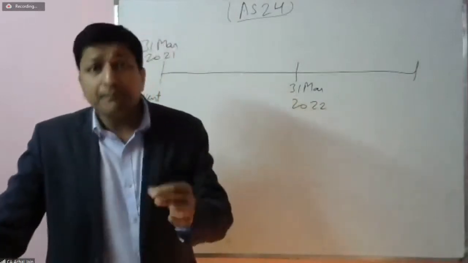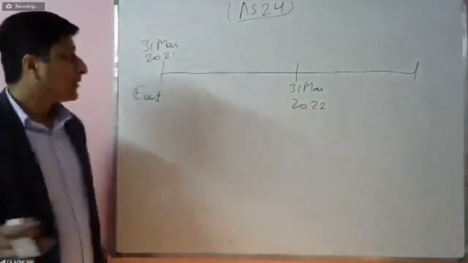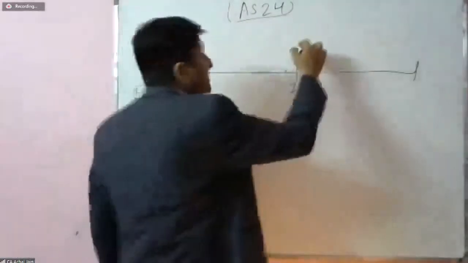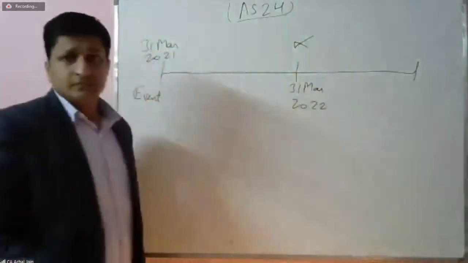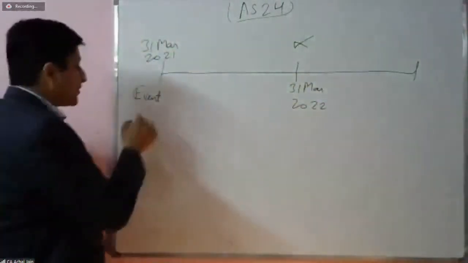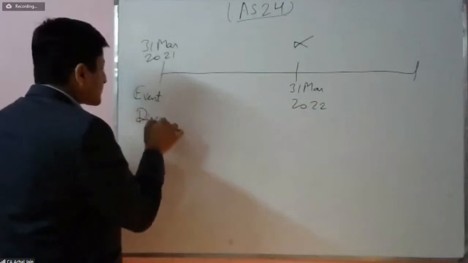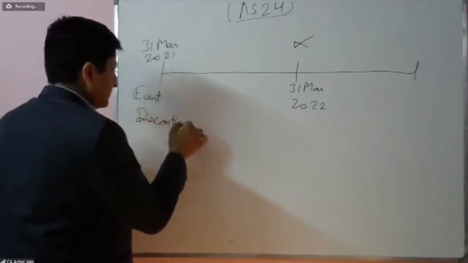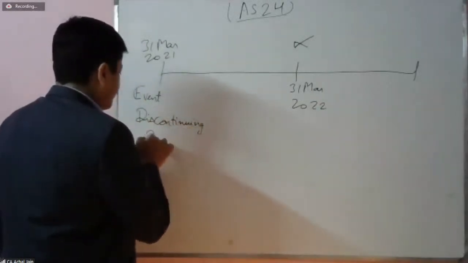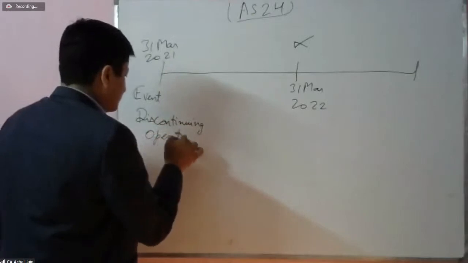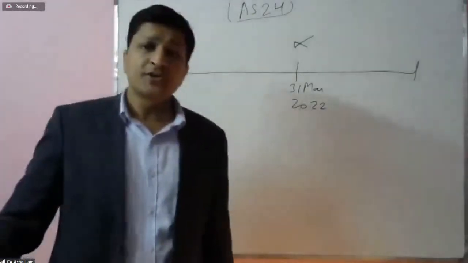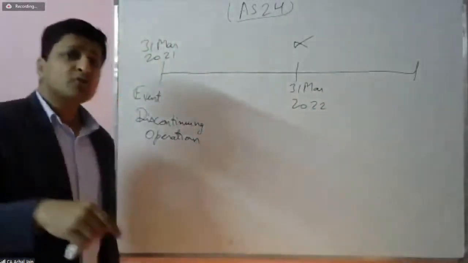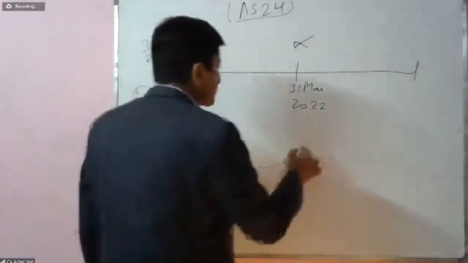However, it may be possible that this event hasn't got completed even on this day. Okay, so if there was a discontinuing operation, that continues to remain even on this date.